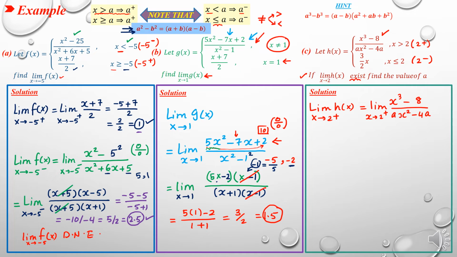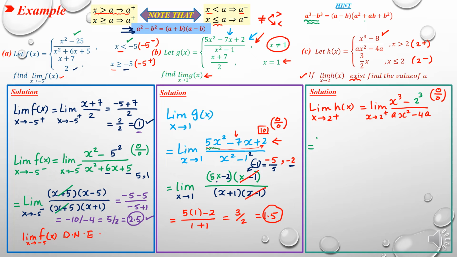If you use direct substitution and plug in the value of x equals 2 in the given function, you will get 0 over 0. So you have to factor the numerator and denominator. The numerator is a difference between two cubes, but you have to write 8 as 2 cubed, and you have to use this formula, a minus b multiplied by a squared plus ab plus b squared.